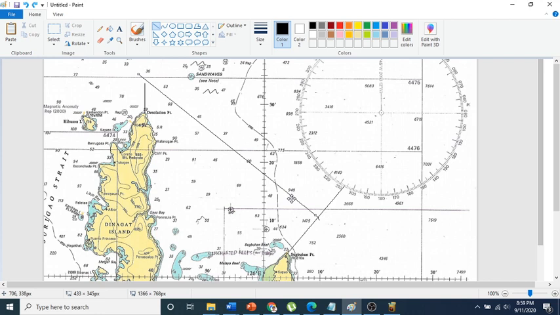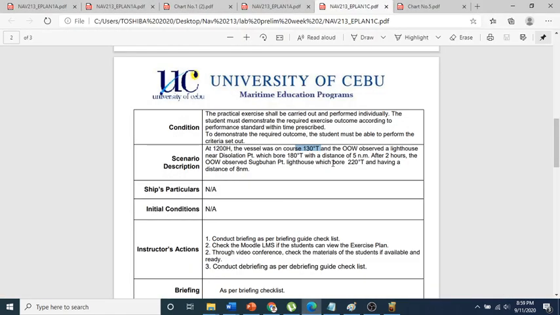It should coincide with the 2 fixes that you put. This line should coincide more or less with the 180 degrees and 5 nautical miles, and the 220 with the 8 nautical miles. So that's it, you completed the description.